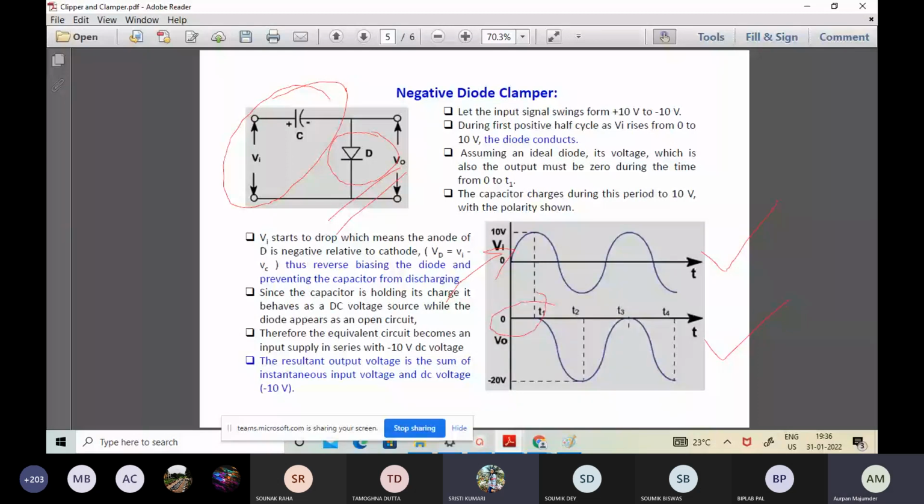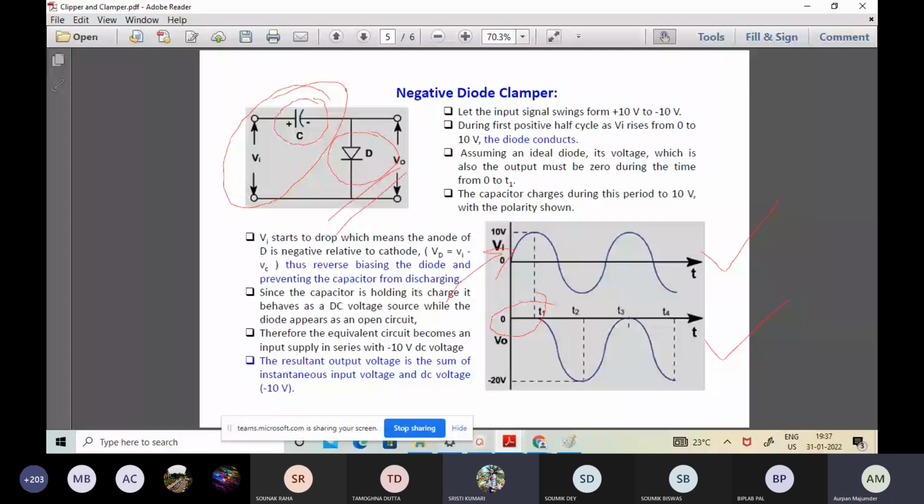Now what will happen beyond T1? That is the point of concern. Once Vi gets to the value of plus 10 volts, according to the current flow which has charged up the capacitor, what is the polarity of the capacitor? The polarity has been shown by the corresponding plus and minus notations on the screen.